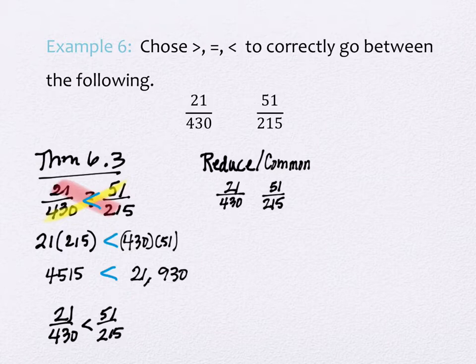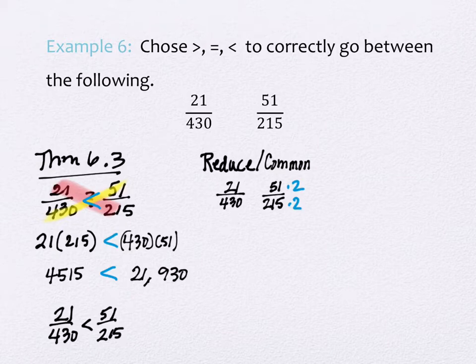But the denominators have something very nice in relationship to one another. What's that? 215. You got it. The relationship that exists is that one of the denominators is double the other one. So we could get a common denominator as a way to compare, since reducing is not an option.